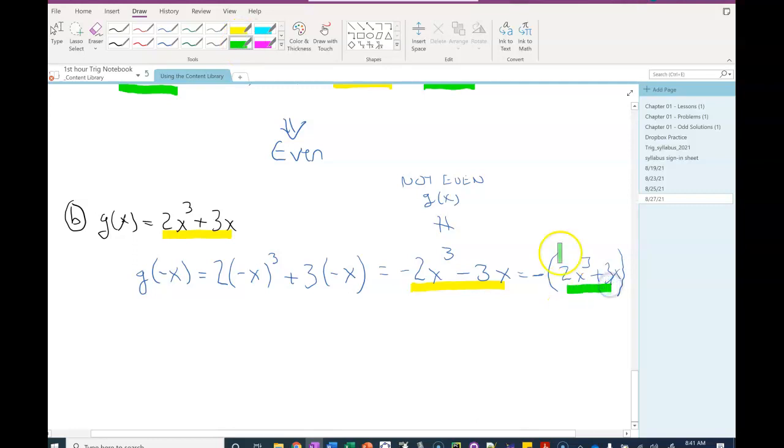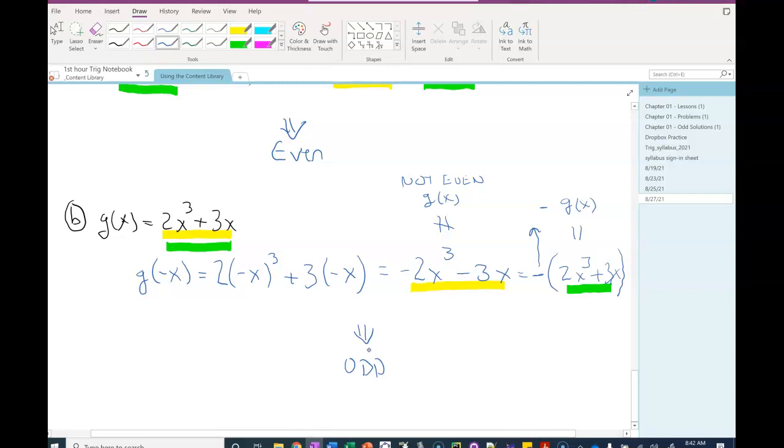And this piece is now equal to that piece. And because I still have that negative sign in front, I can write that as negative g of x.